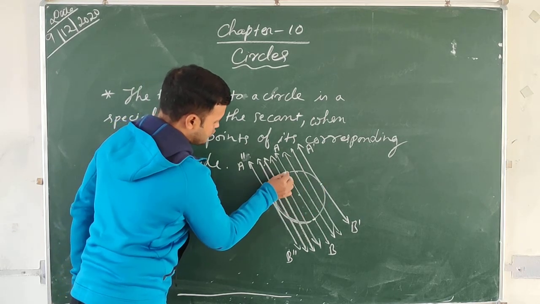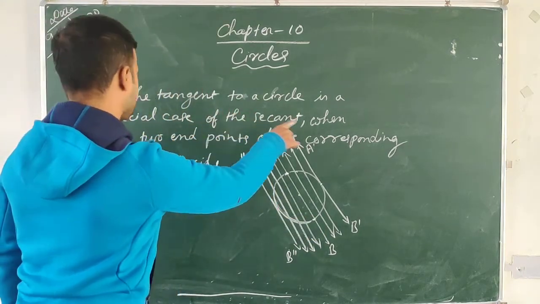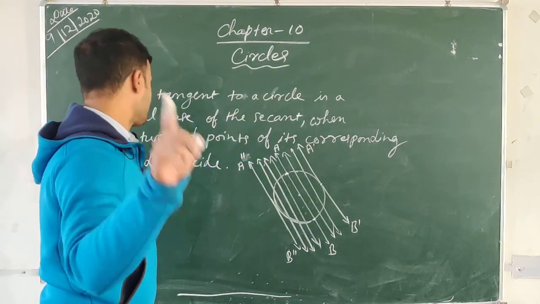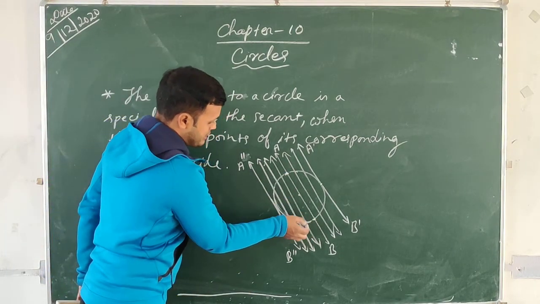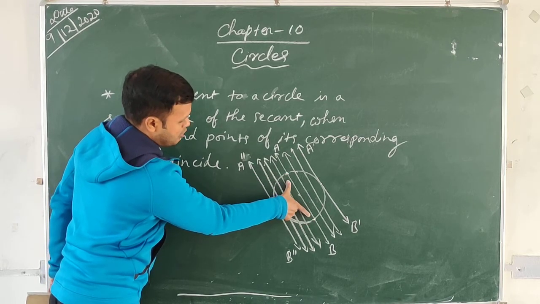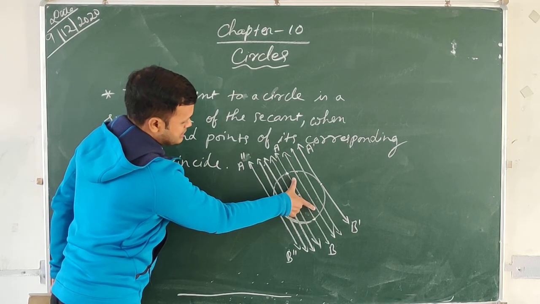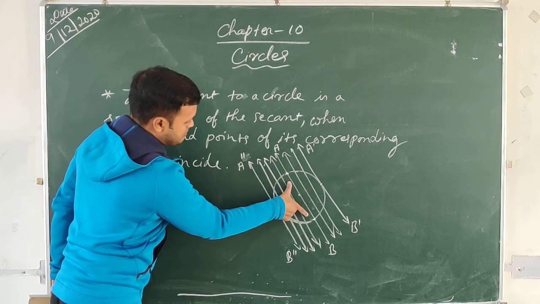So if the corresponding points of the chord coincide, that means from this to this, these are the two endpoints of the chord. If the secant moves like this towards the right side, these 2 points are going to come nearer, isn't it?